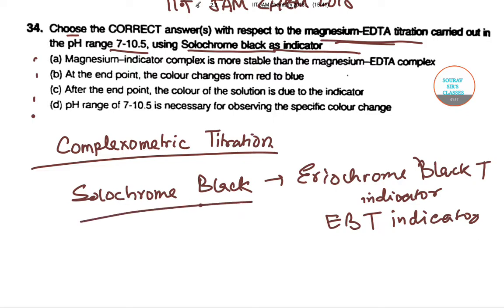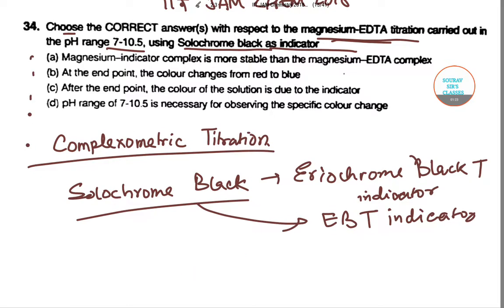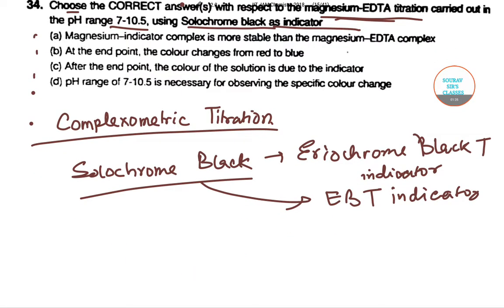So Solochrome Black is actually EBT indicator, and we have to perform a complexometric titration and we have magnesium EDTA titration. So this is basically hardness of water determination titration.